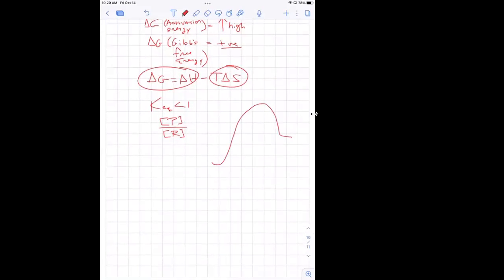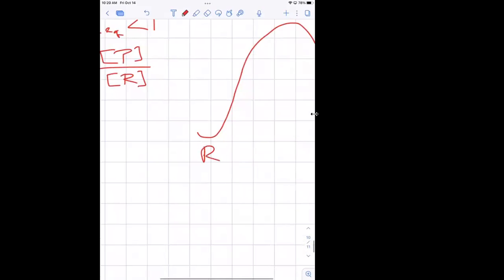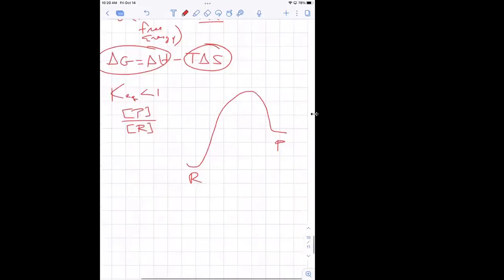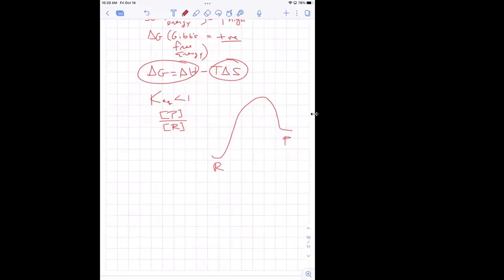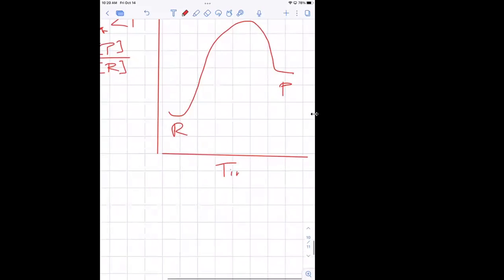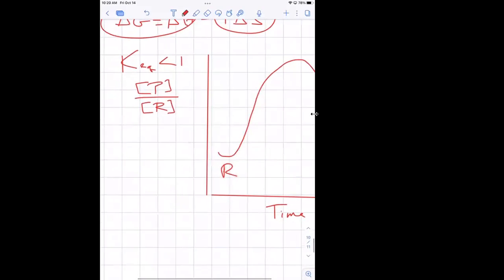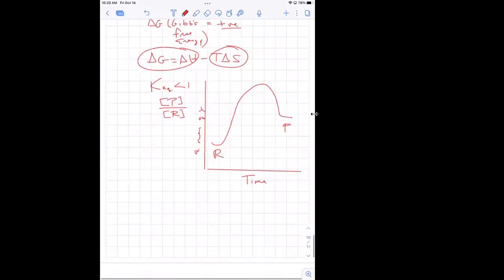So this is the energy diagram for just a basic endothermic reaction. This is time. This is energy. On the bottom, increase in energy. So as you go up towards the ceiling, energy goes up. All right.